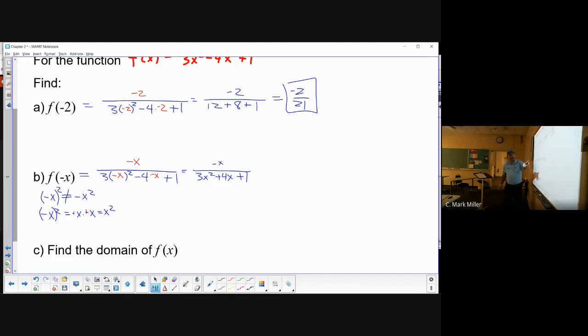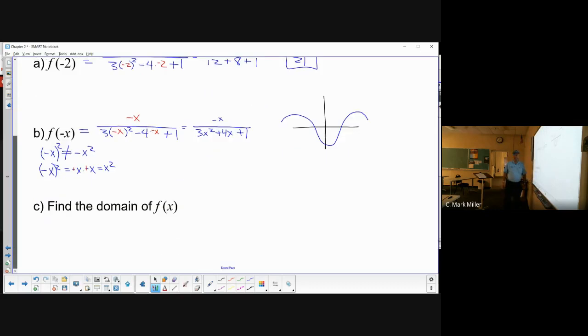So if this function here turns out to be the same as the original, after plugging in minus x for x and simplifying, if you get the same thing, that is called an even function. It's going to have the property that the graph is going to be symmetric about the vertical axis. If you reflect it about the vertical axis, the graph doesn't change. Right? But we don't need that here.